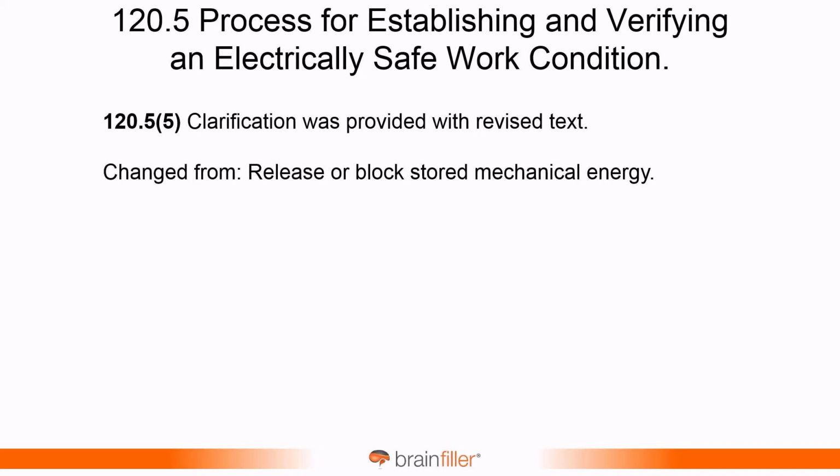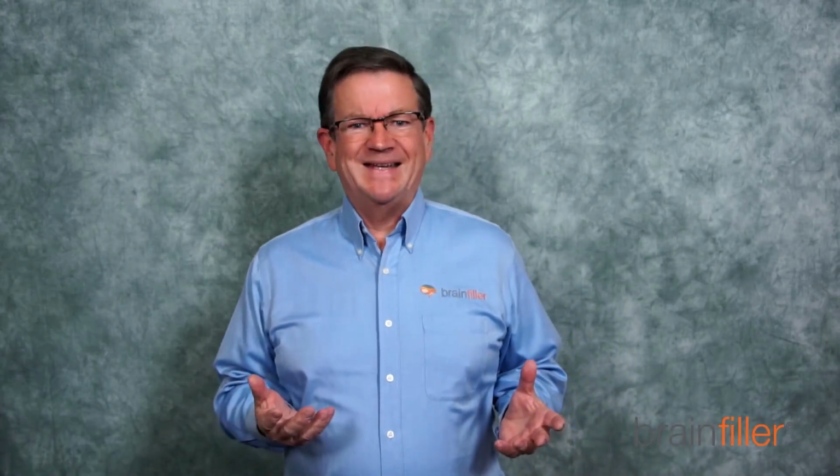Similarly, the process of establishing and verifying an electrically safe work condition has releasing mechanical energy. And the way this read originally from 2018, "release or block stored mechanical energy." That's kind of a broad term. Mechanical energy? I mean, that could be a lot of things out there.